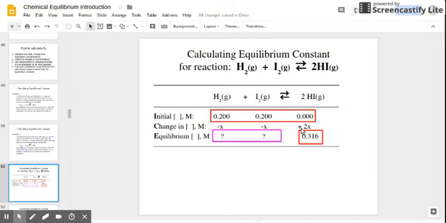Because of 2HI, the change is plus 2x. And for H2 and I2, because their coefficients are both 1, the change for the reactants is negative x, indicating the negative to be the representation of being used up, while the positive on the other side means they're being formed, an increase in the concentration.